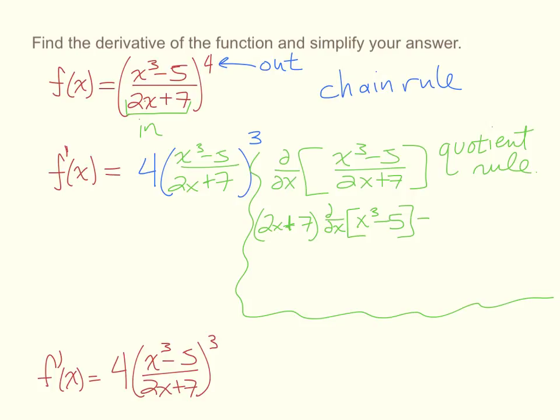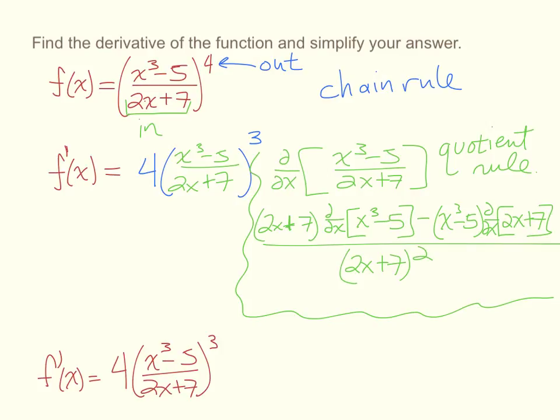From that we subtract the x cubed minus 5, which is the numerator, and to that we multiply the derivative of the denominator, 2x plus 7, all divided by the denominator squared.